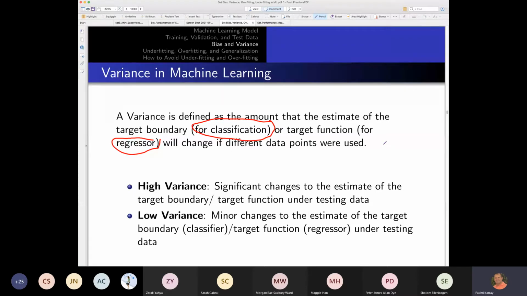We don't want to have high variance. We don't want systems that are different from each other, systems that are not operating in the same manner when we measure them with different data point sets. This is very important. A high variance, which is not desired, is a significant change to the estimate of the target boundary under testing data. So what does that mean?